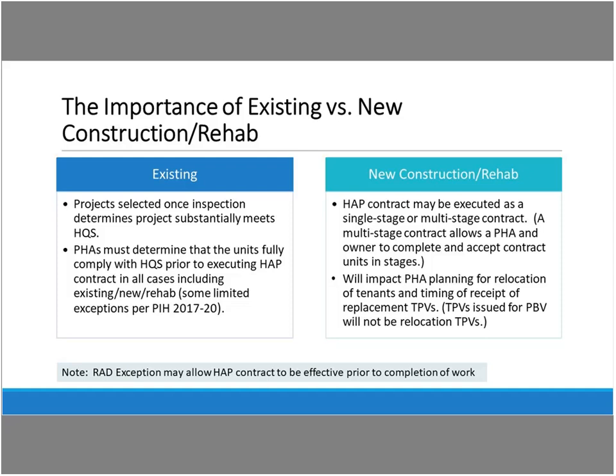For new or rehabbed, a HAP contract may be executed as a single-stage or multi-stage contract. A multi-stage contract allows the Housing Authorities to complete and accept units and grow that contract over time.